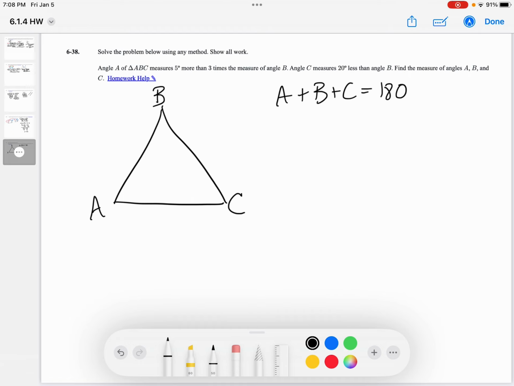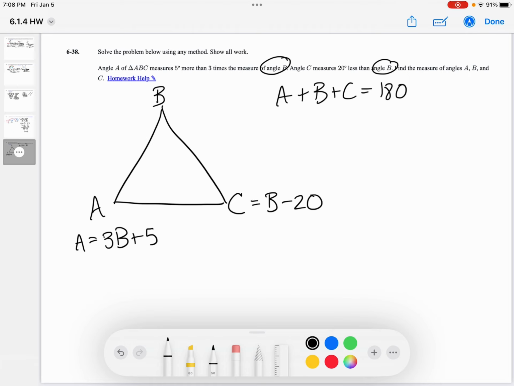So it seems like they're giving us everything in terms of angle B. Let's see, A is 5 more than 3 times B. So I'm going to write A equals 3 times B plus 5, right? That's 5 more than 3 times B. And C is 20 degrees less than B. So it's going to be B minus 20, right?